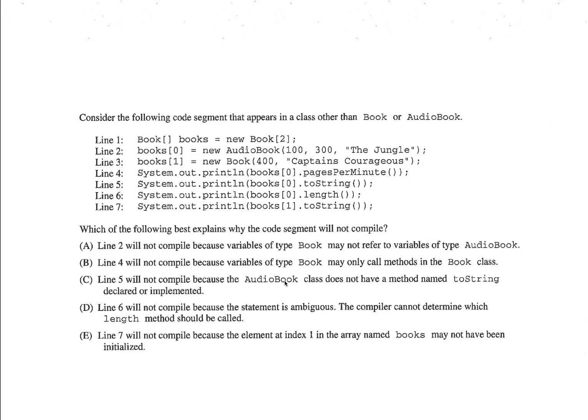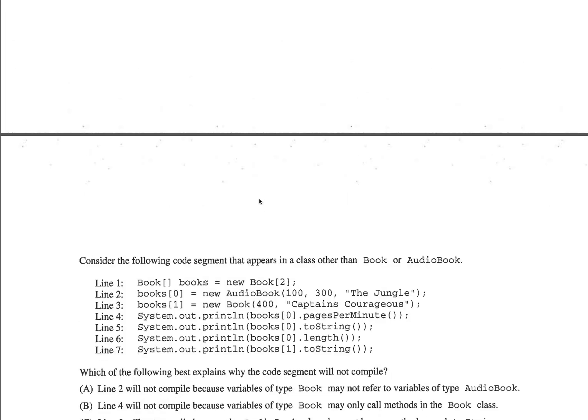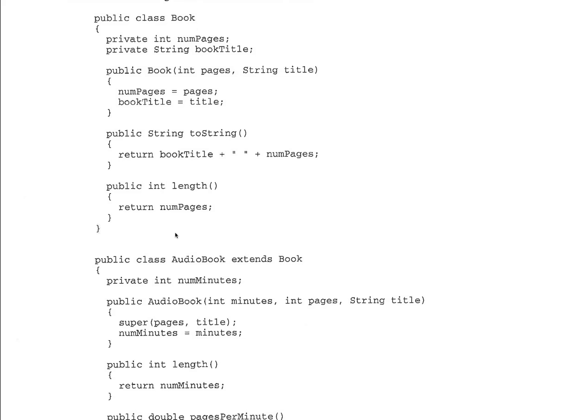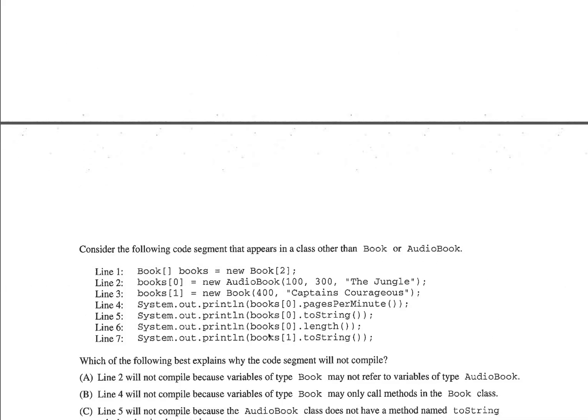Option C: line 5 will not compile because the audiobook class does not have a method named toString declared or implemented. So let's take a look at line 5. Books.toString. Now that would be fine because the object is of type book, and if you look at the book class, it does have a toString defined. So when this object is trying to run toString, it first checks, does this object's class have a toString defined?